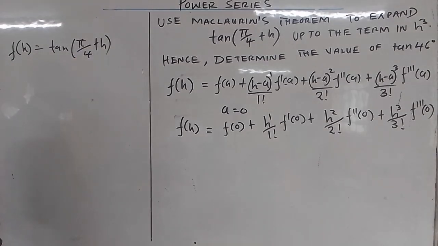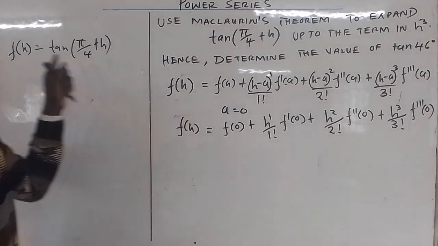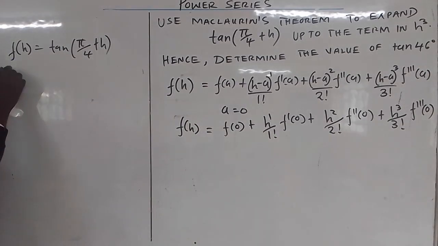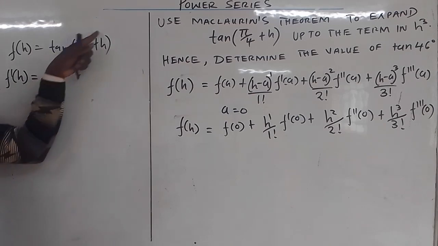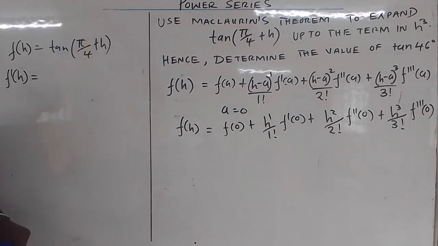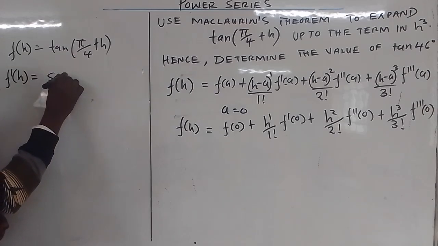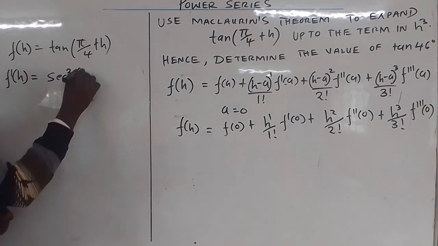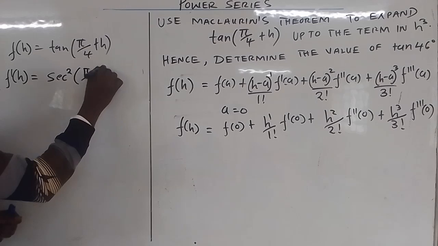Okay? So start. If you differentiate f of h for the first time, let what is inside here be x. It's like you are differentiating tan x. If you differentiate tan x, you get sec squared x, but your x was pi over 4 plus h.